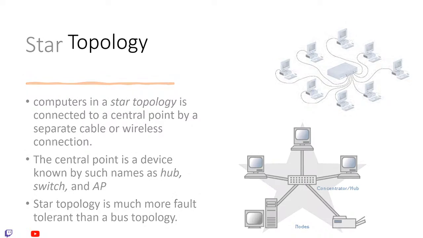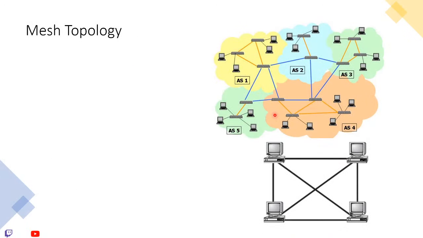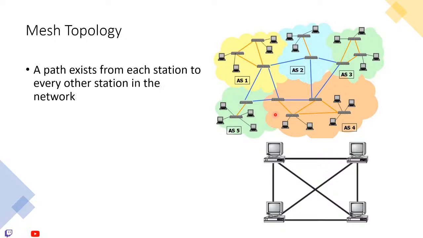Okay. So similarly, it is popular for small businesses which have different alternative nodes connected to each of the computers or nodes, the mesh topology. A path exists from one station to every other station in the network.